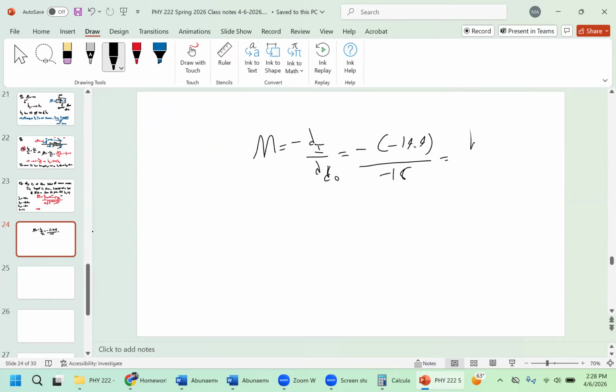And again, this is going to equal hi over ho, which means that ho, the height of the object that we're looking for, is going to equal the height of the image times negative, well, the negatives cancel out, two of them. Anyway, this one cancels out with this one.